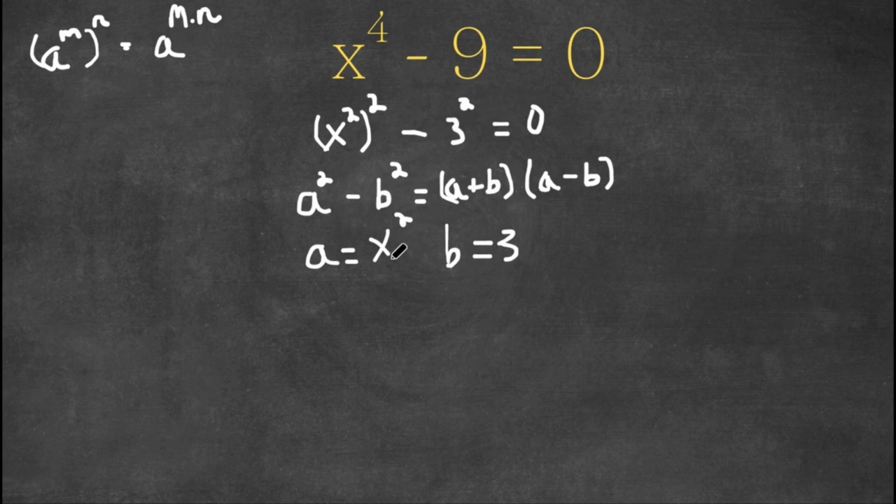So all we have to do is plug in a and b into our expression here, a plus b times a minus b. So a is x squared, so we have x squared plus b, which is 3, times x squared minus 3.